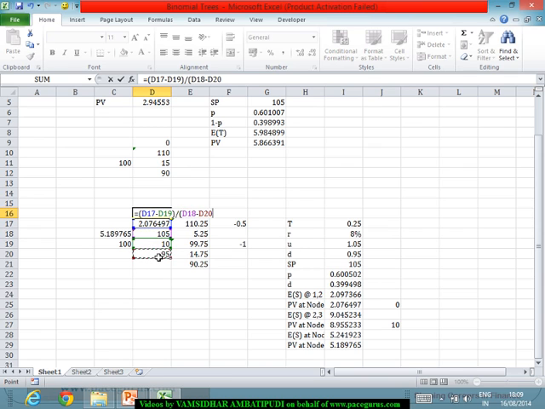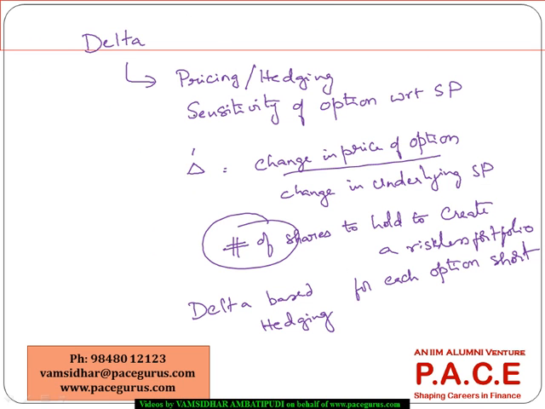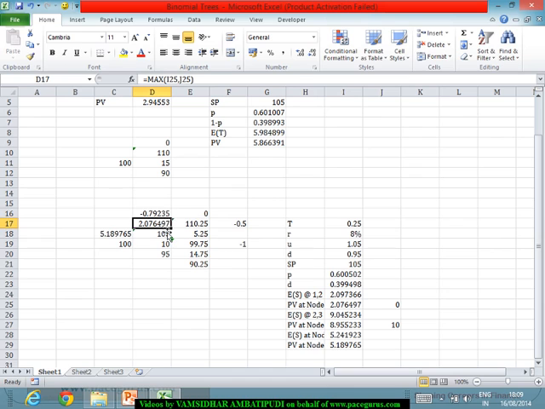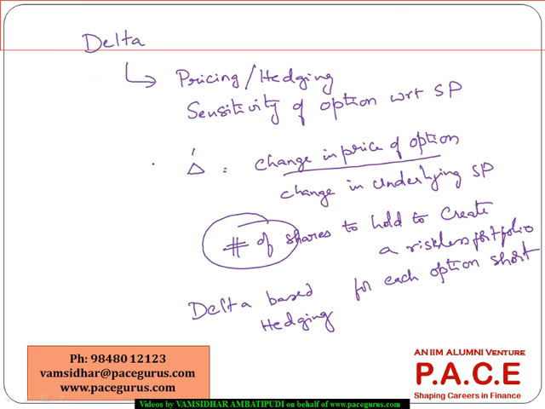So these are the measures of delta at each of the nodes. So this is the sensitivity. In case the price is up by 1 rupee, the option premium is going to be, let's say, down by 79 paisa here, 50 paisa here, 1 rupee here.